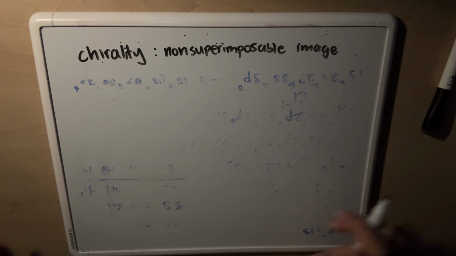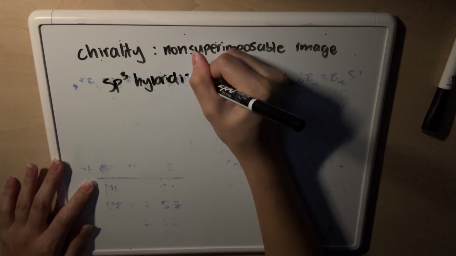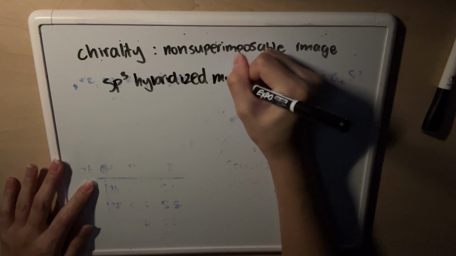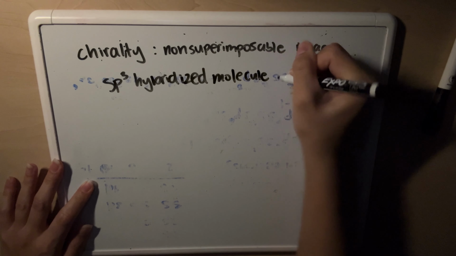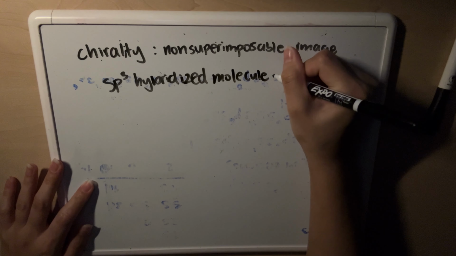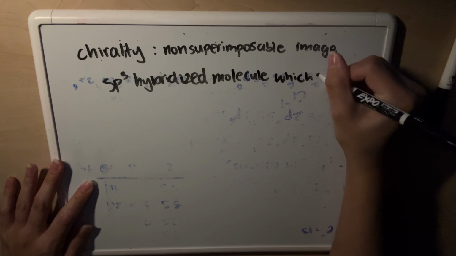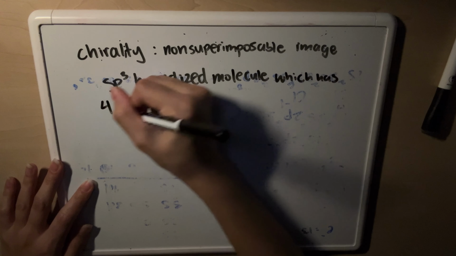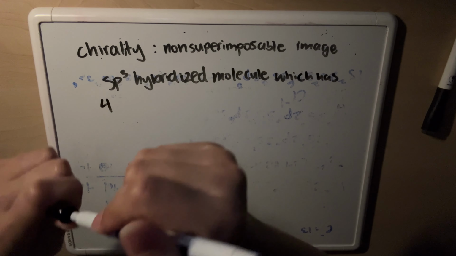And obviously the opposite of a chiral molecule is going to be achiral. So that's good to know. So speaking in chemistry terms, an sp3 hybridized molecule which has four, here I'll do this in a different color.